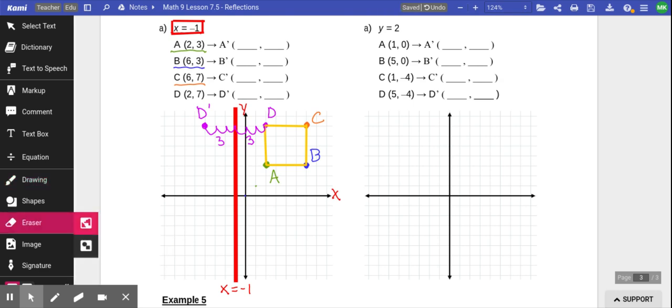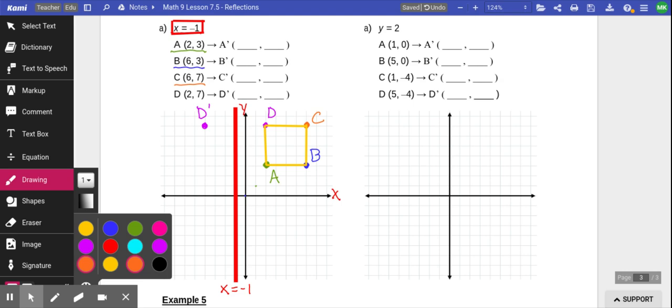If I do the rest, so C prime in orange, C is 8 away. 1, 2, 3, 4, 5, 6, 7. Sorry, no, it's 7 away. That means I should be 7 the other way. 1, 2, 3, 4, 5, 6, 7. That is where C prime would be. If I look at A, it is 1, 2, 3 away.